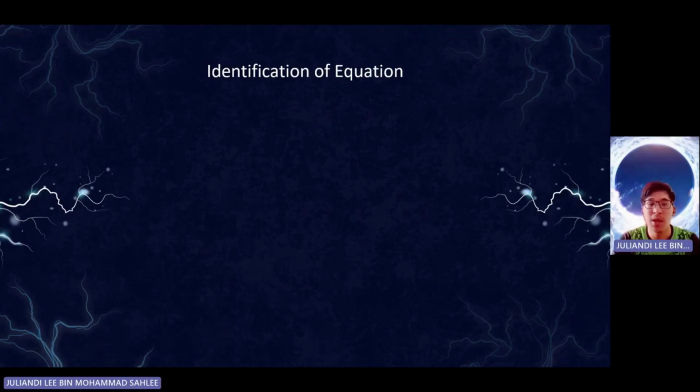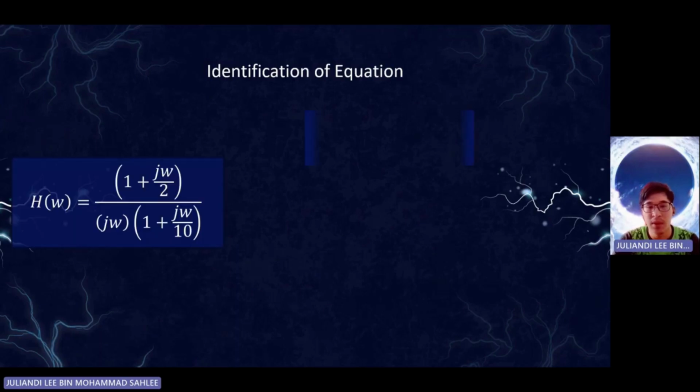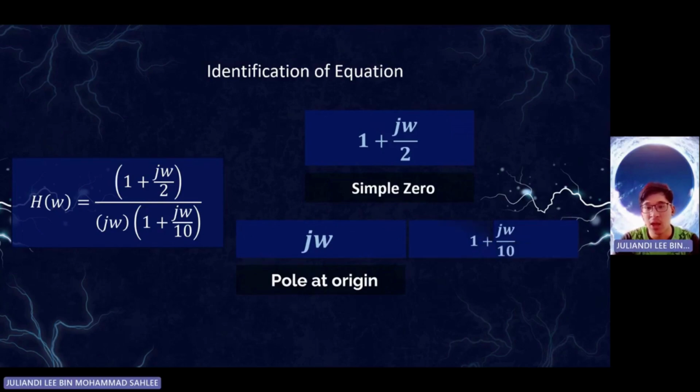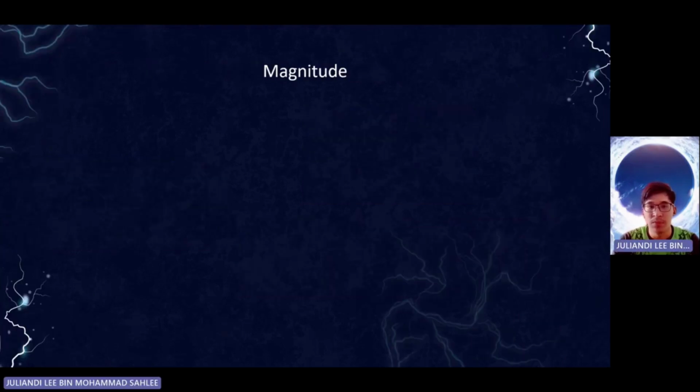From that, we can identify each part. For example, 1 + jω/2 is a simple zero. jω is a pole at the origin, and 1 + jω/10 is a simple pole. From that, we can get the magnitude.